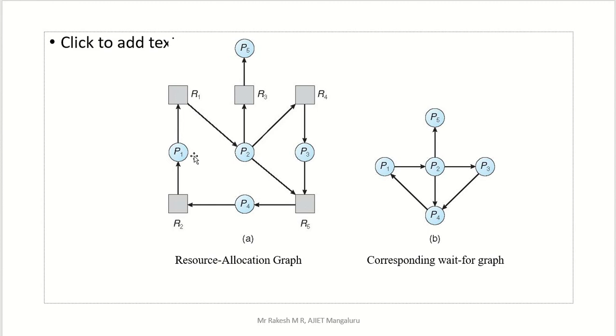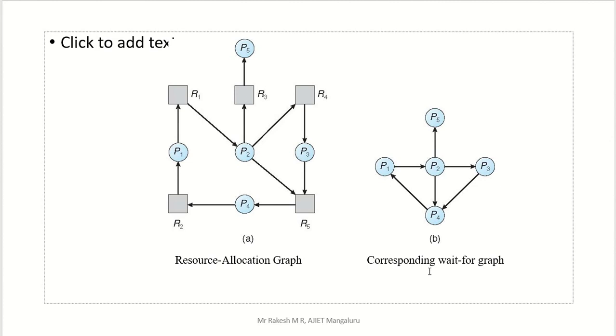The direct meaning is P1 is waiting for completion of P2. P1 is requesting here, but this is given to P2. When P2 completes, then the resource is given to P1, right? So P1 is waiting for P2 to complete.